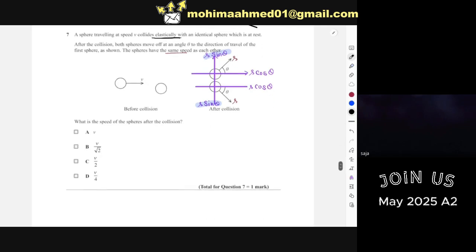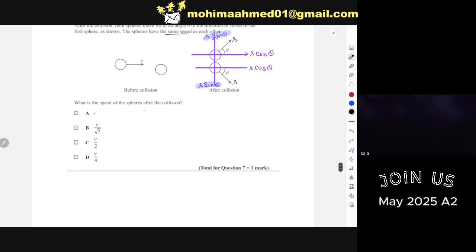Now, if we start with the vertical plane, the final velocity will eventually be zero because the particle before collision does not have any velocity in the vertical plane. So we'll write kinetic energy before collision equals kinetic energy after collision.